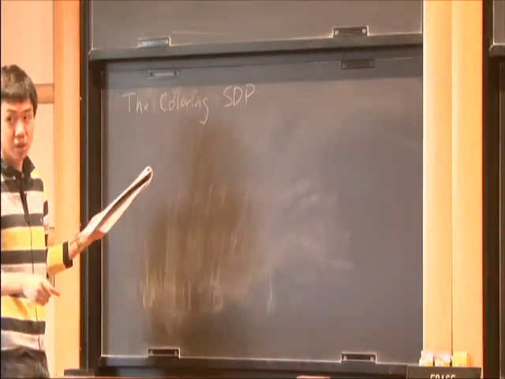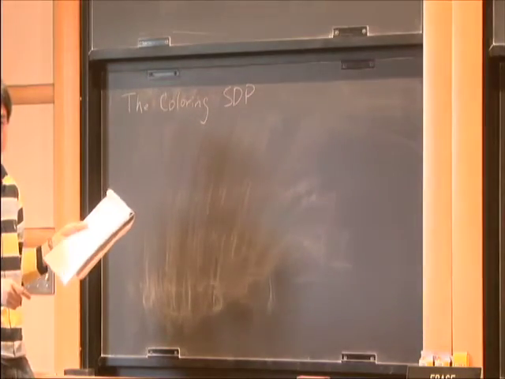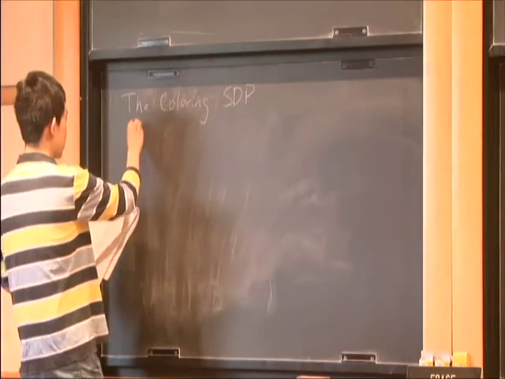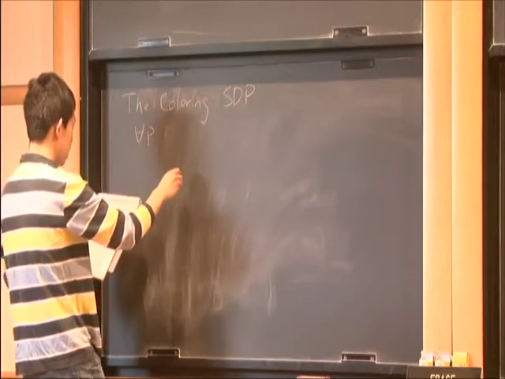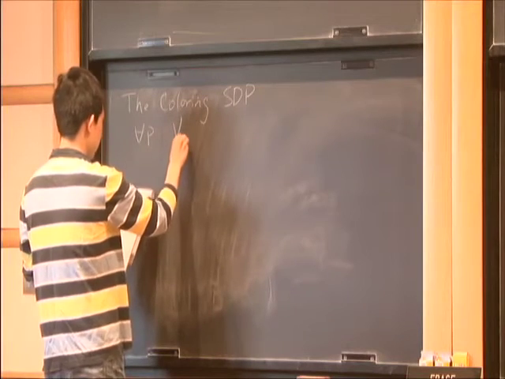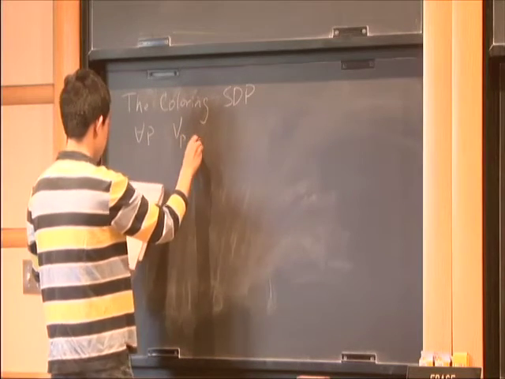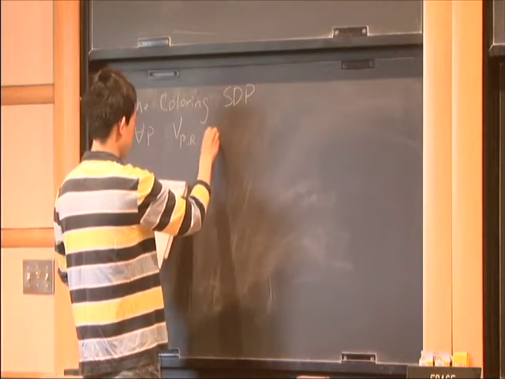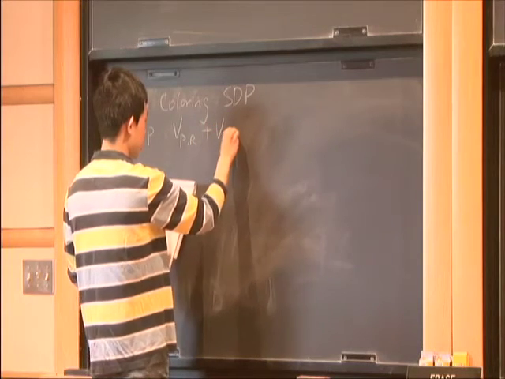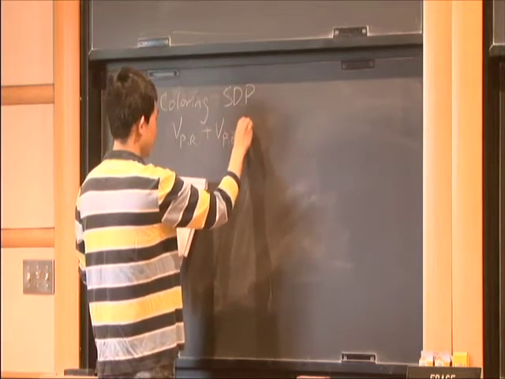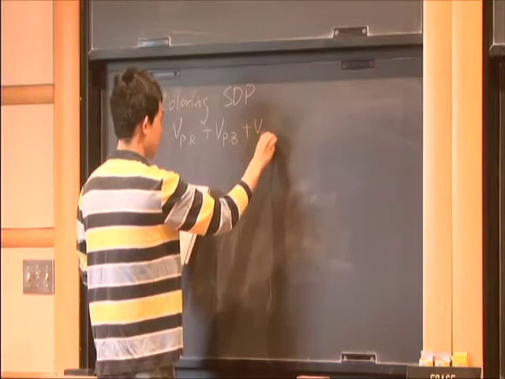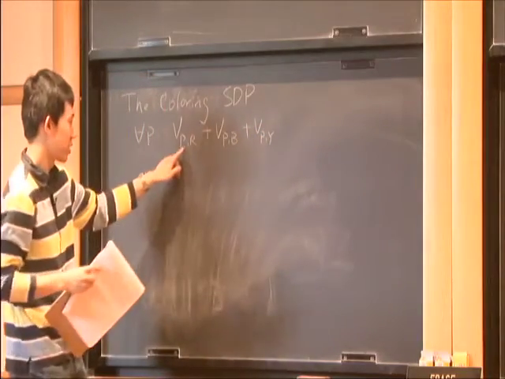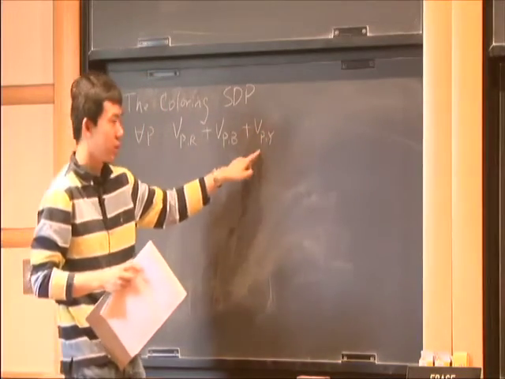Well, for each vertex, you will have 3 vectors. So for any vertex P, these 3 vectors, VPR, VPB, and VPY. So it means P is colored red, P is colored blue, P is colored yellow.